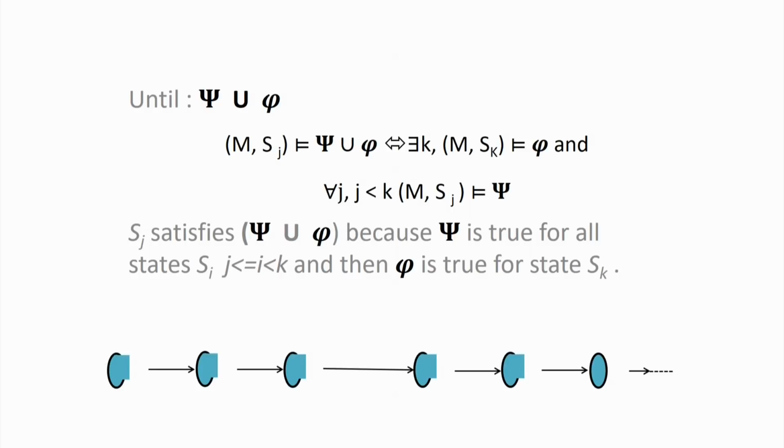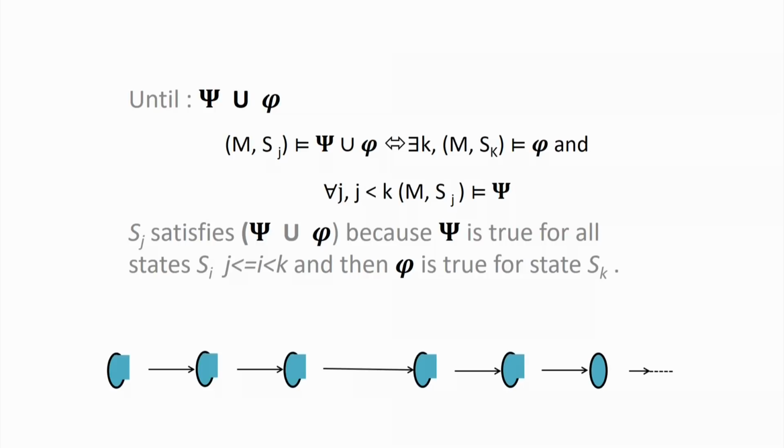It says that in the state S j of M, psi until phi is satisfied, provided phi holds in a state and in all the states previous to that particular state psi holds, then we say that psi until phi holds.